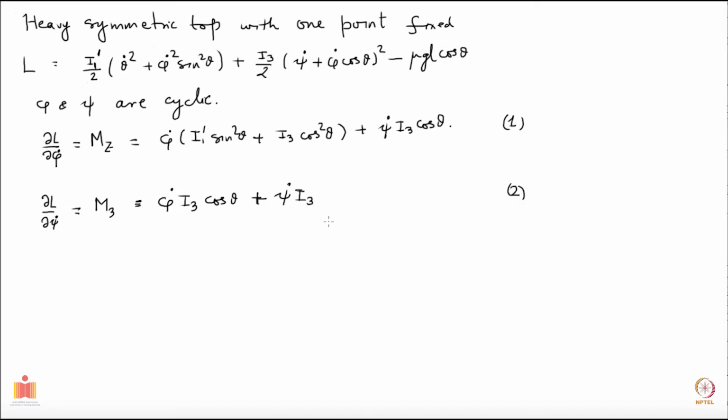So these are our two first integrals. We also have one more first integral because this is a conservative system and total energy will be conserved. So conservation of energy: a conservative force implies total energy conservation.